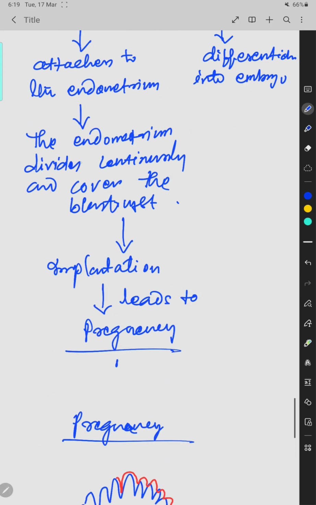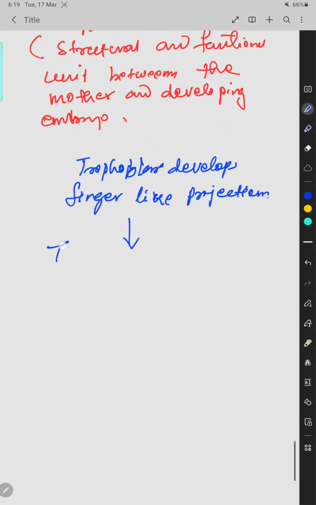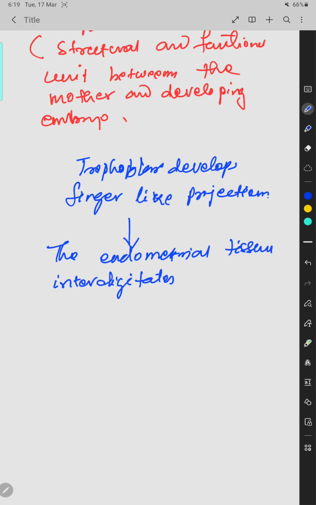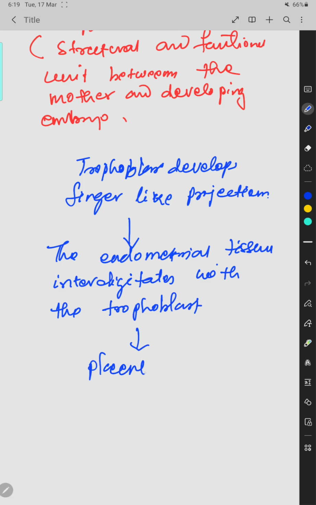Then the endometrial tissue interdigitates with the trophoblast and it forms placenta. Okay, so these finger-like projections are known as chorionic villi.